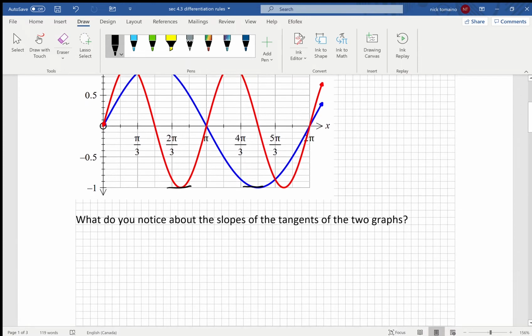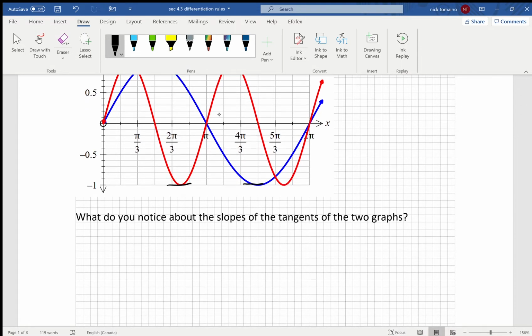So we say the first thing we notice is that the derivative function is compressed as well.